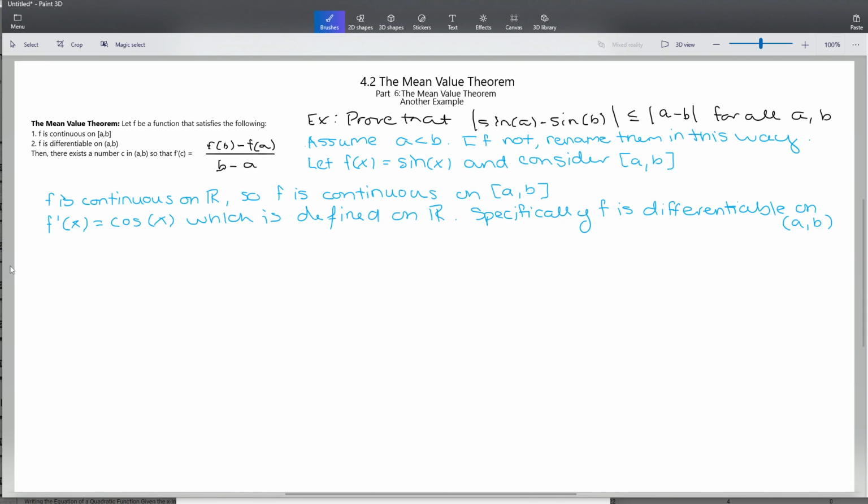Now, because we've checked the two hypotheses, we can use the theorem here. Every time we use a theorem with a name, we want to say which one we're using.